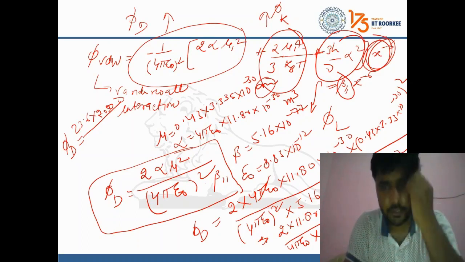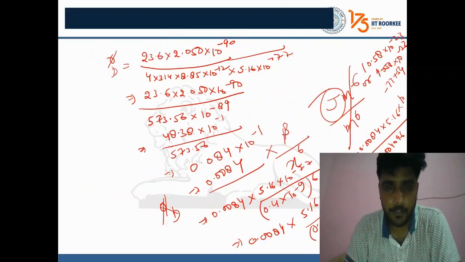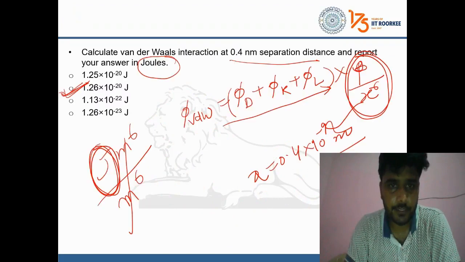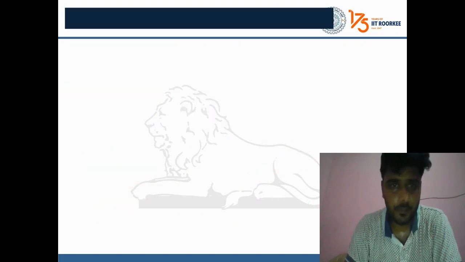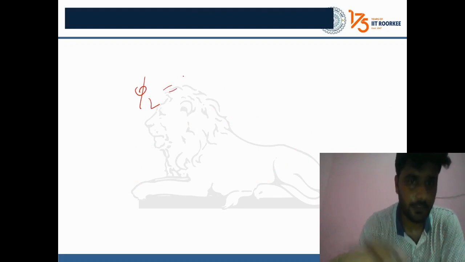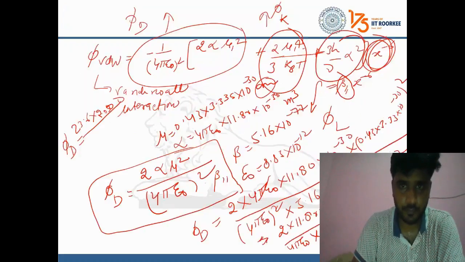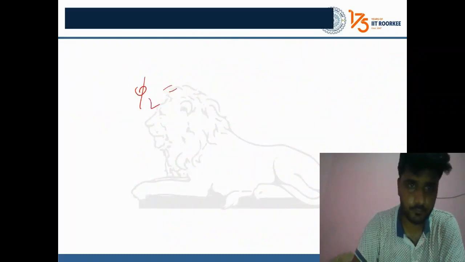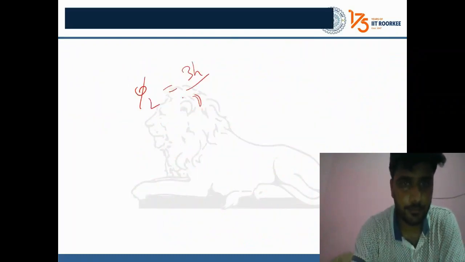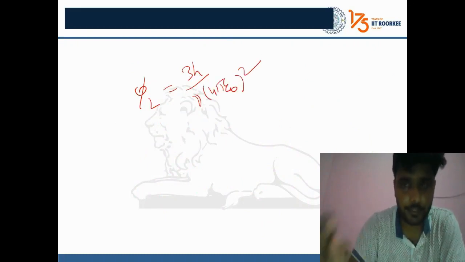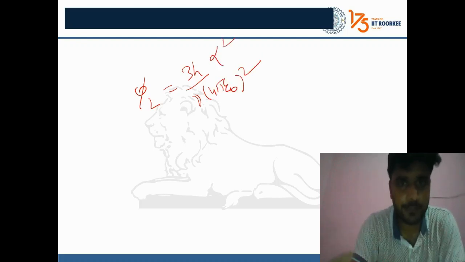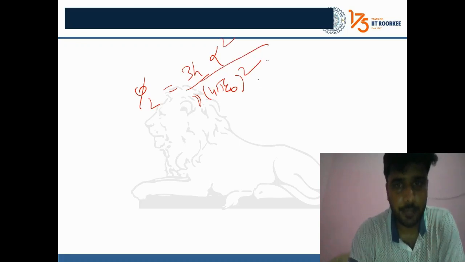Because if I go for the expression of London dispersion, you will get phi L equal to h nu over 4 pi epsilon naught square, and the alpha square, and multiply beta.